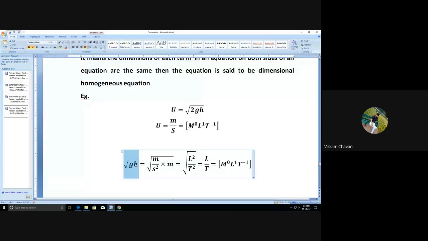So we'll get the dimensions L raised to 2 divided by t raised to 2. If you take out of under root sign, then it will be L divided by t. So we'll get the dimensions of under root of gh as m raised to 0, L raised to 1, t raised to minus 1. So RHS is equal to LHS.